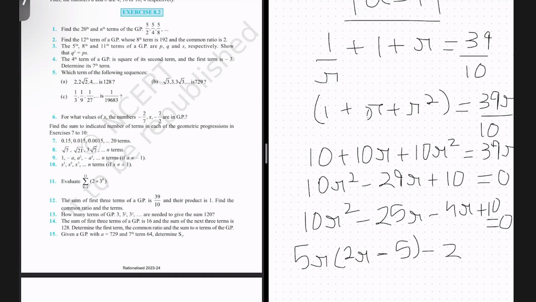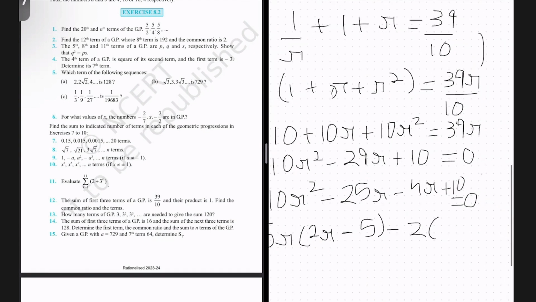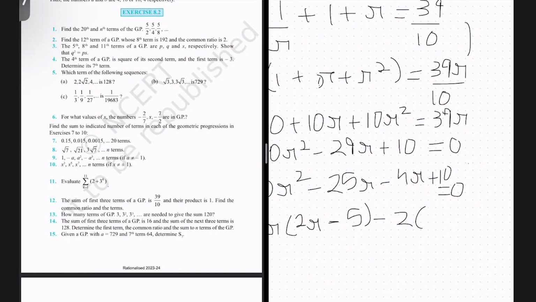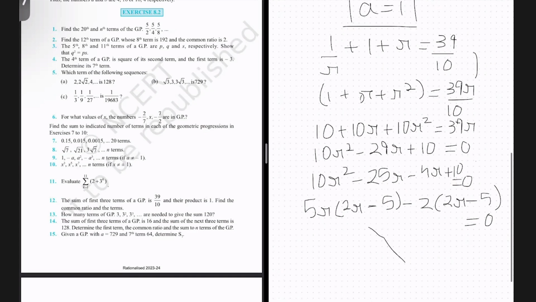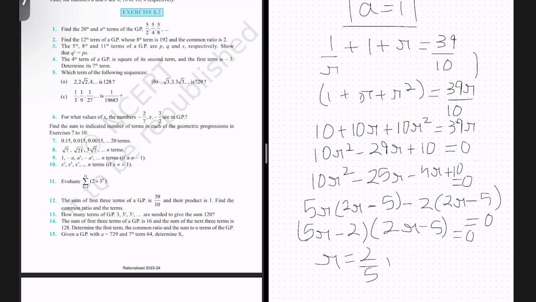Similarly, we take minus 2 common here, and you get 2R minus 5. We have separated these out and you now have 5R minus 2 and 2R minus 5 equal to 0. So R is either 2 by 5 or 5 by 2, right?